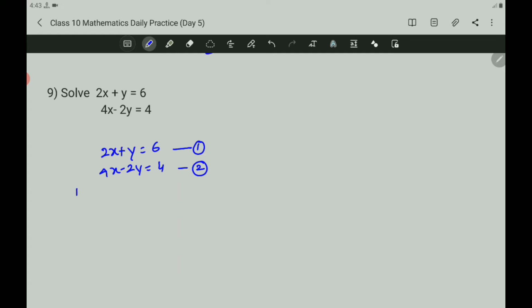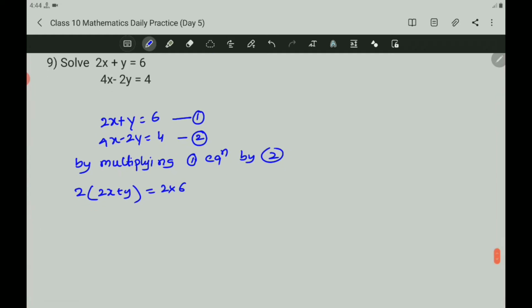So what you have to do? Multiply the first equation by 2. So it becomes 2 into (2x plus y) equals 2 into 6. So it becomes 4x plus 2y equals 12.